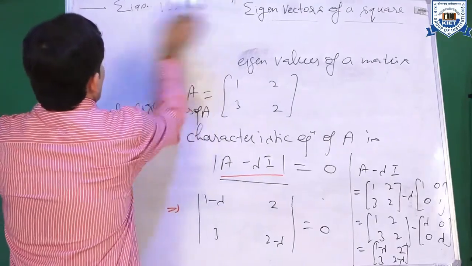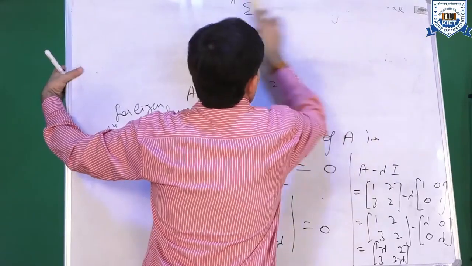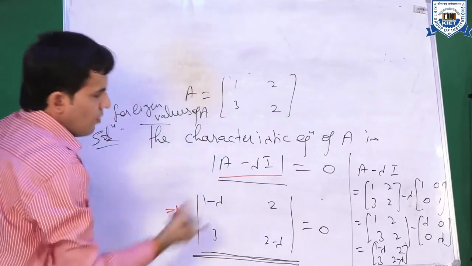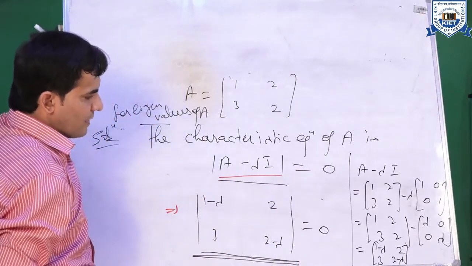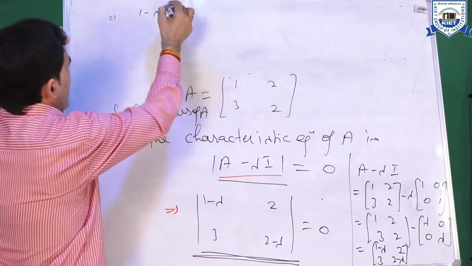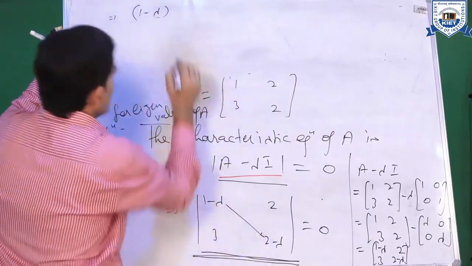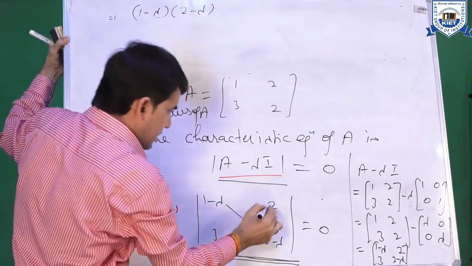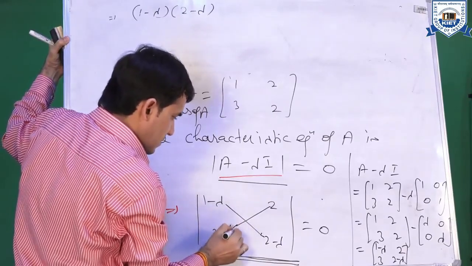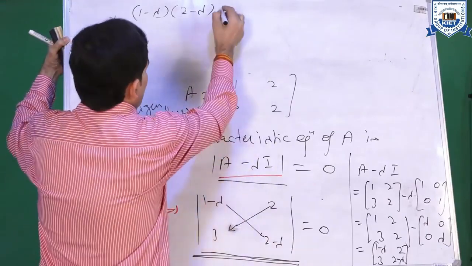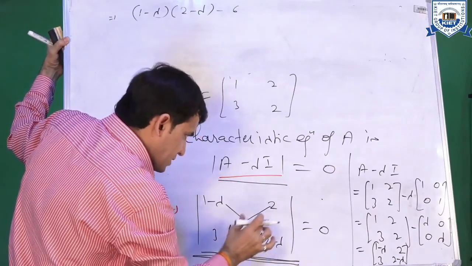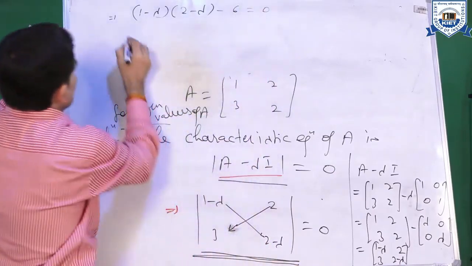Now, on expanding this determinant along the first row, we will get the required characteristic equation of matrix A. 1 minus lambda into 2 minus lambda, then minus 2 into 3, that is, 1 minus lambda into 2 minus lambda minus 6 is equal to 0.